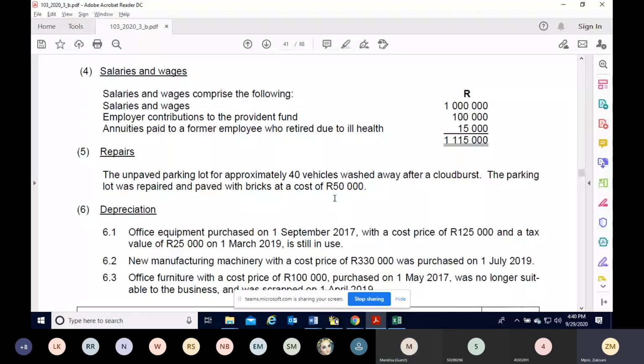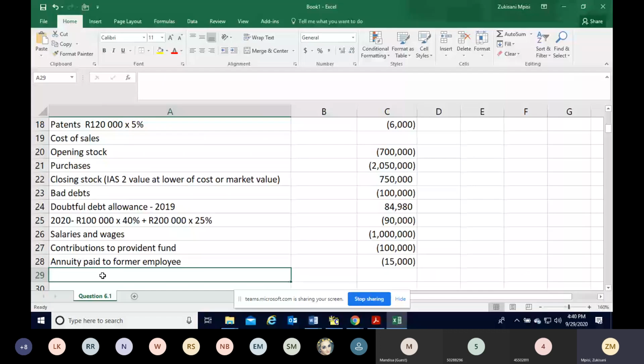Repairs. All right, it's repairs because one, there was a damage, and then we have to replace the parking lot that was unpaved with paving. So it becomes repairs, straightforward, 50,000.